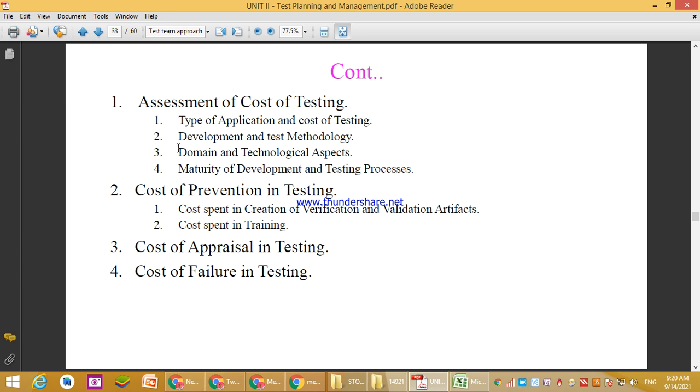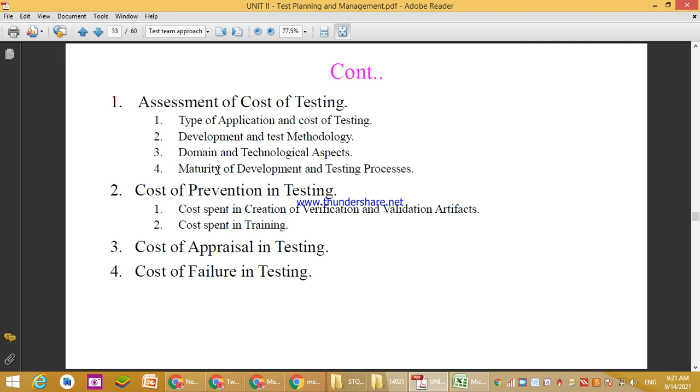What kind of development and test methodology there is, is a part of the assessment of cost of testing. Then domain and technological aspects. Then maturity of development and testing processes.